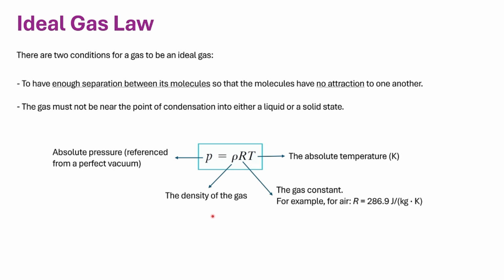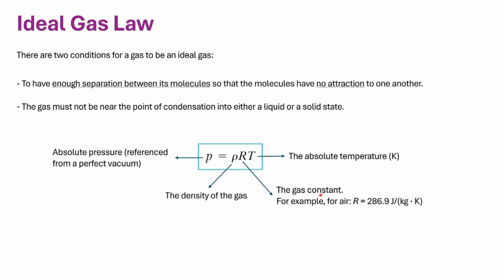The formula for ideal gas that relates density, temperature, and pressure is P equals rho times R times T, in which P is the absolute pressure, which is referenced from a perfect vacuum. Rho is the density of the gas.